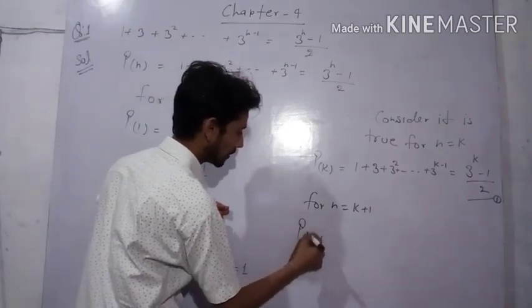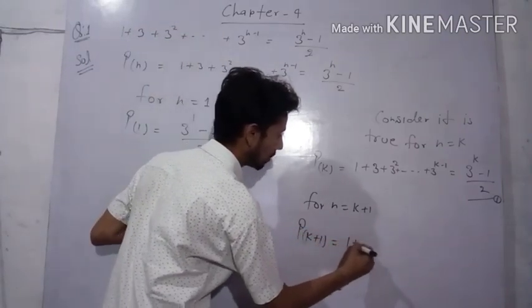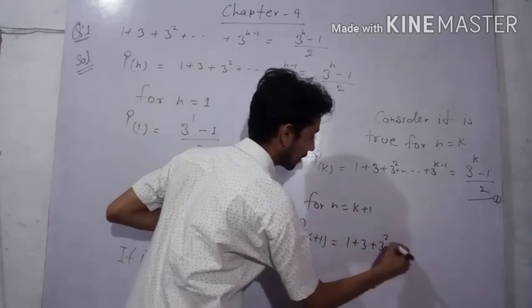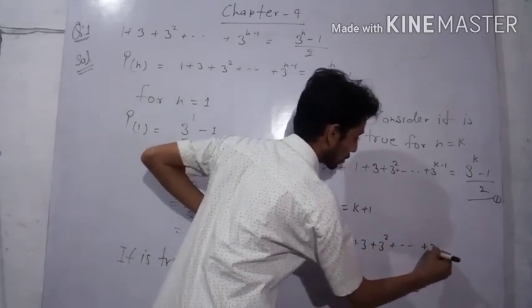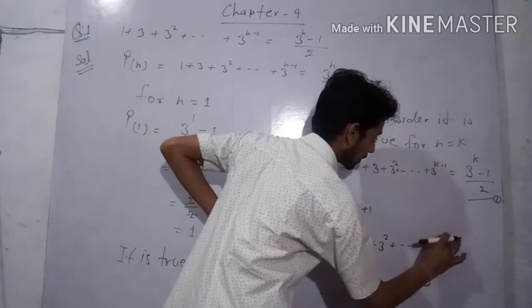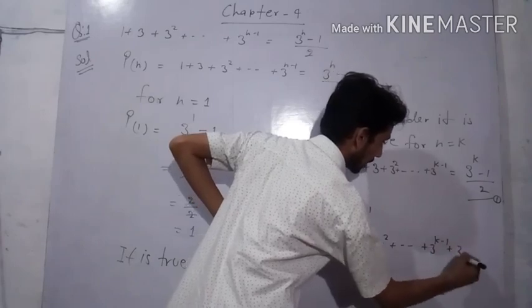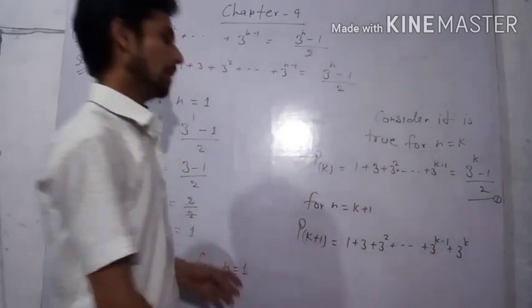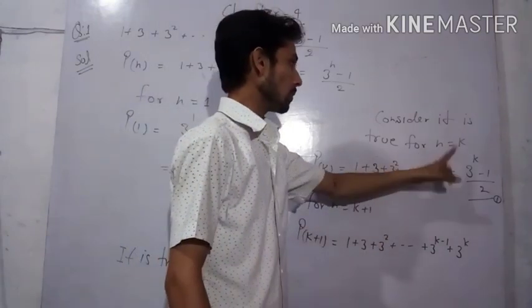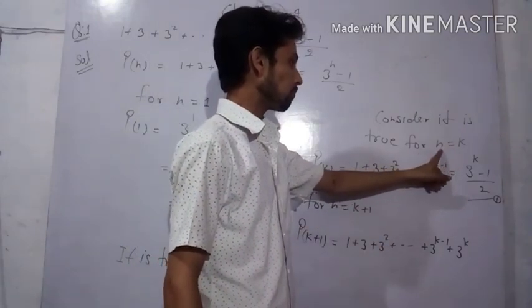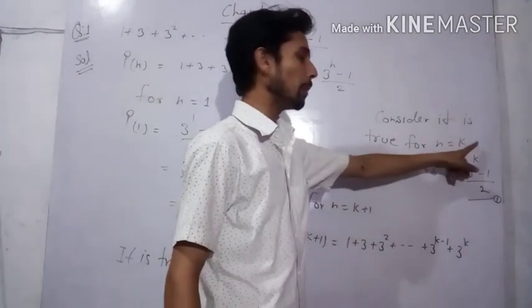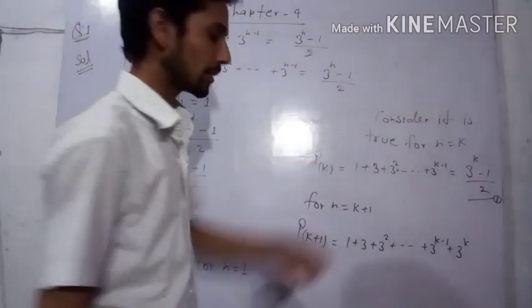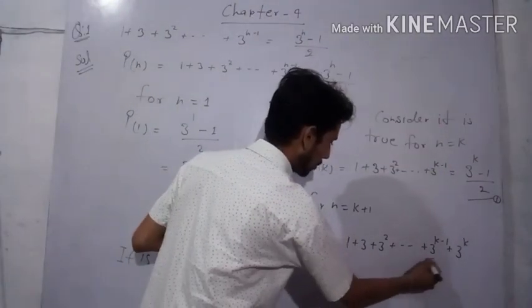Pk plus 1 is equal to 1 plus 3 plus 3 square dot dot dot 3 exponent k minus 1 plus 3 exponent k, because for n equals to k plus 1 one term is increased. So put the value of these.